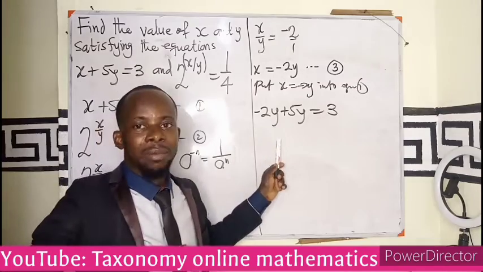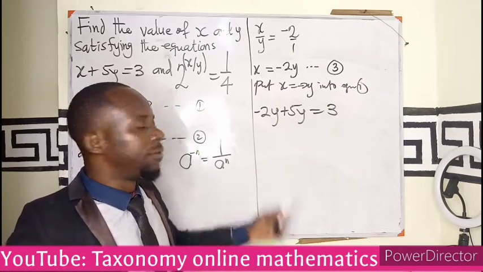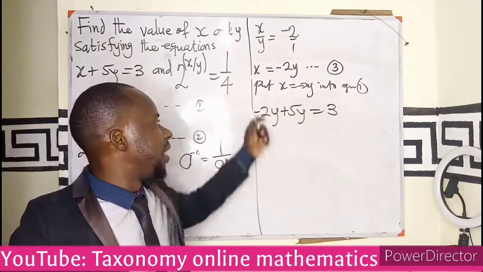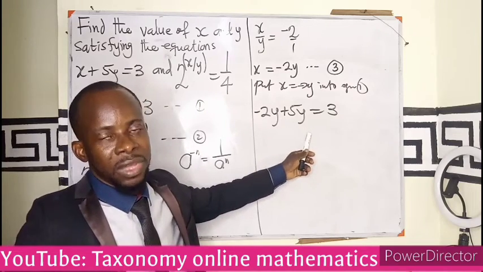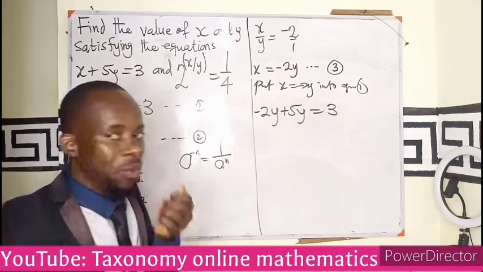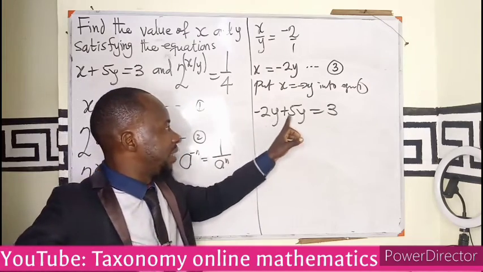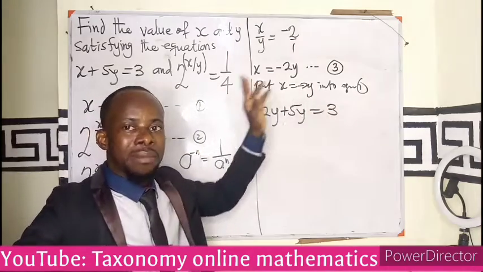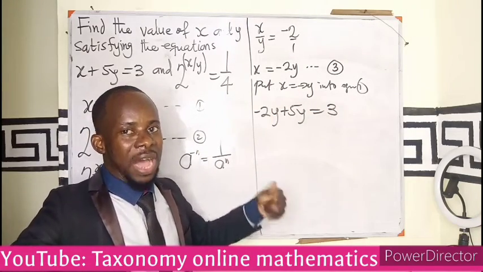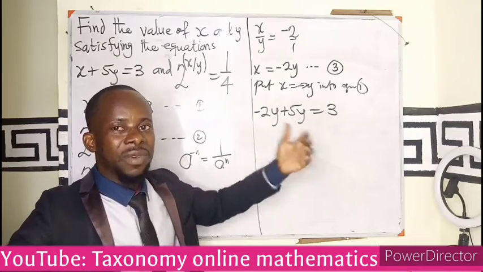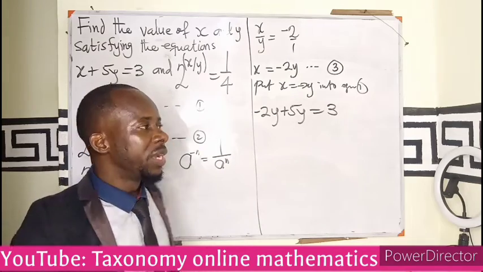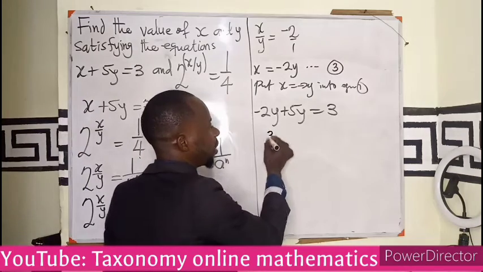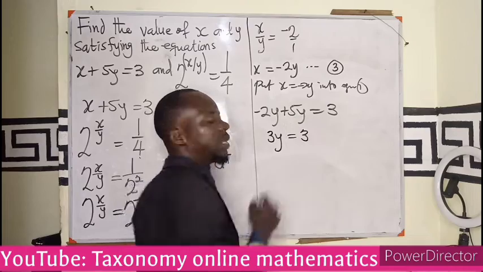Don't forget, this is like a green ball: negative 2 green ball plus 5 green ball. Since this is negative and this is positive, addition is commutative. So 5 green balls minus 2 green balls gives us 3 green balls. This gives me 3y = 3.